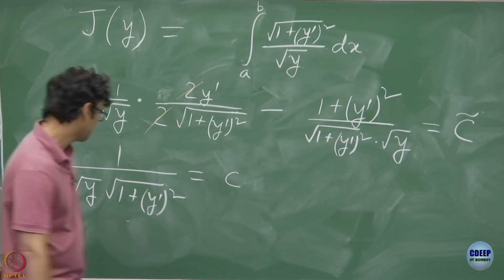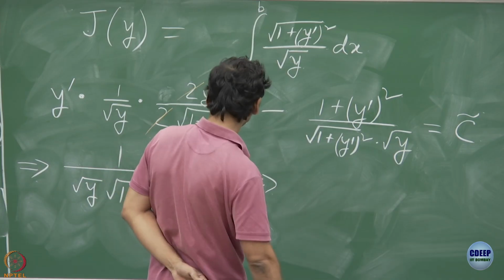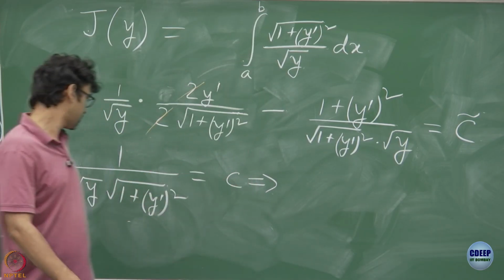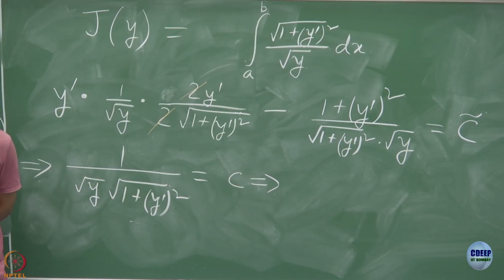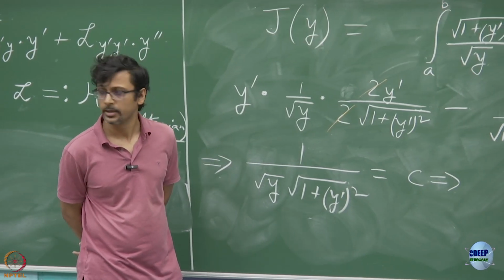Okay. So you can square this at this point to get rid of the radicals, right?